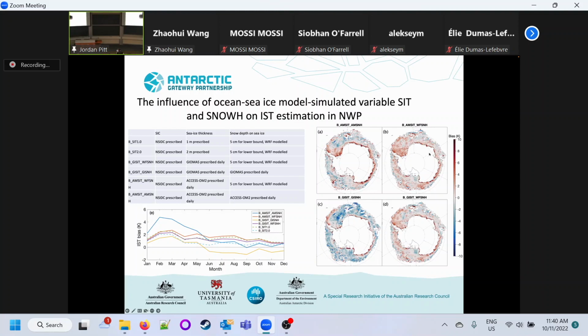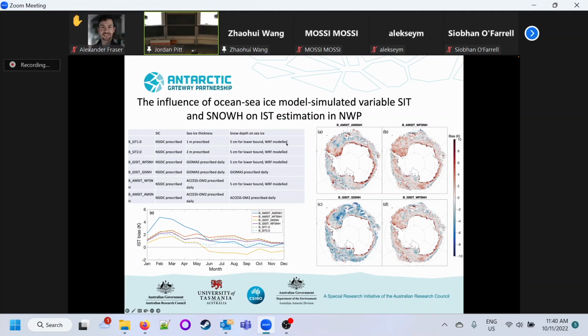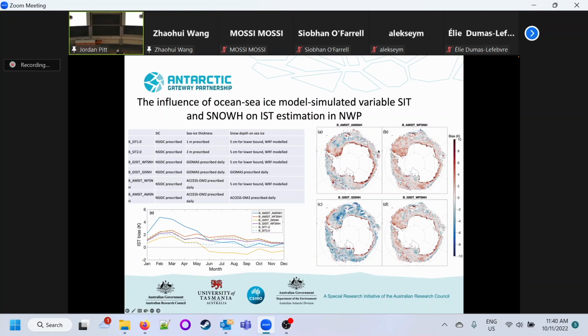The snow depths are still simulated by PolarWRF itself, and we set 5 centimeter as the lower bound. It increases or decreases based on the precipitation or the melting, but the influence is very small. We can nearly treat this one as a 5 centimeter constant.